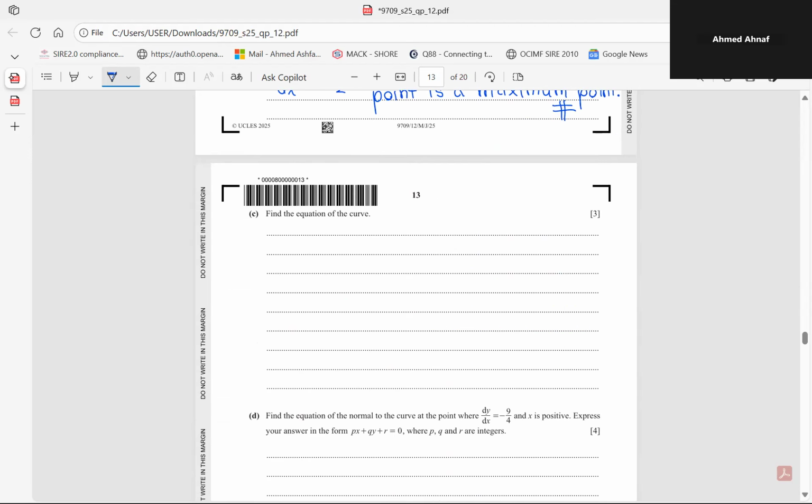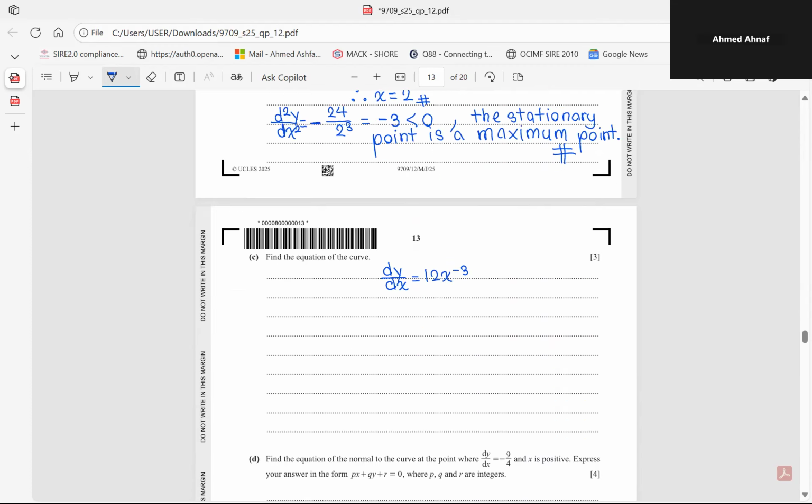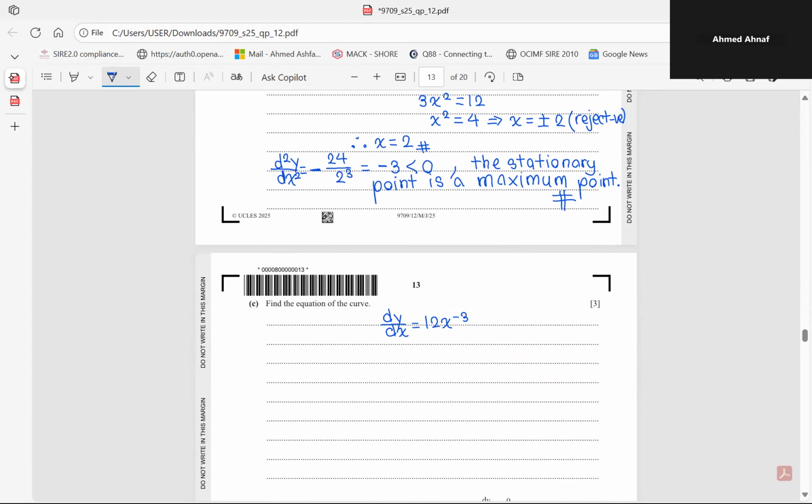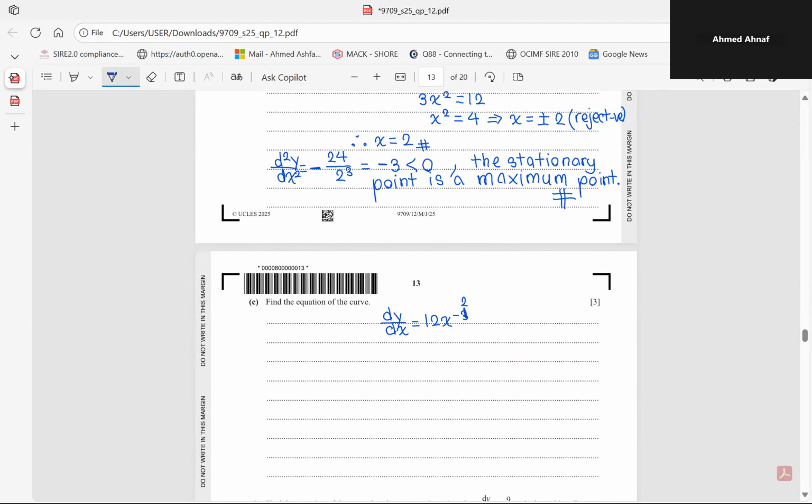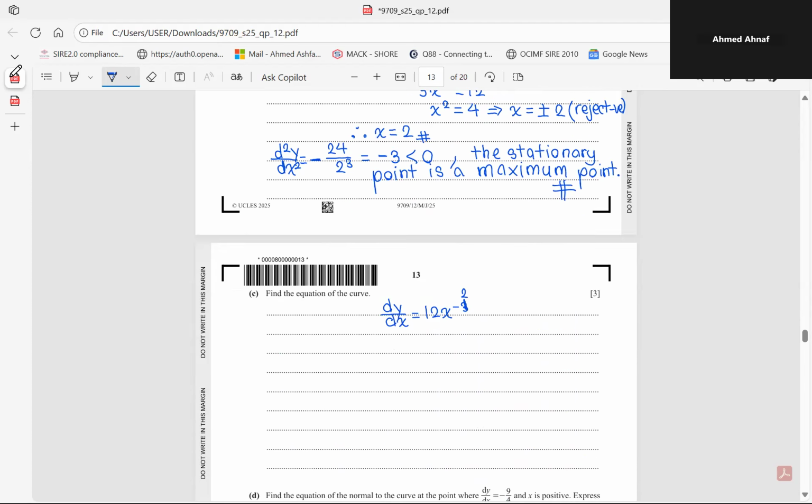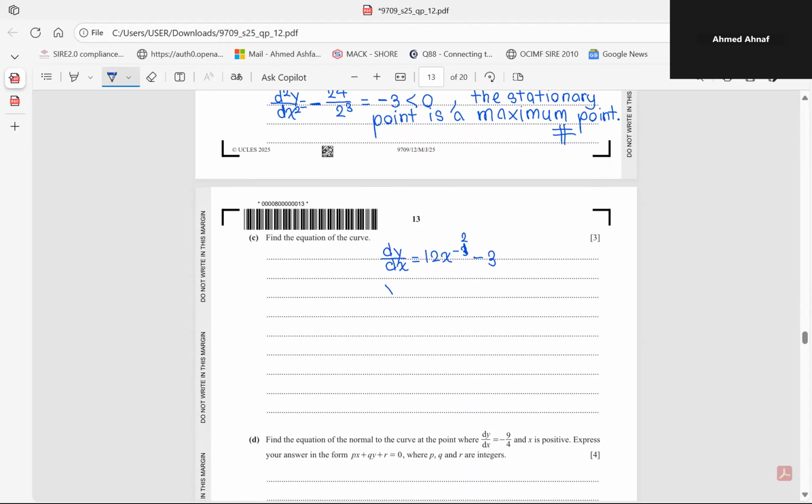So we know the expression for dy/dx is equal to 12x to the power of -2, sorry, minus 3. And to find y, just take the integral on both sides with respect to x. So y would just be the integral of 12x to the power of -2 minus 3 dx.